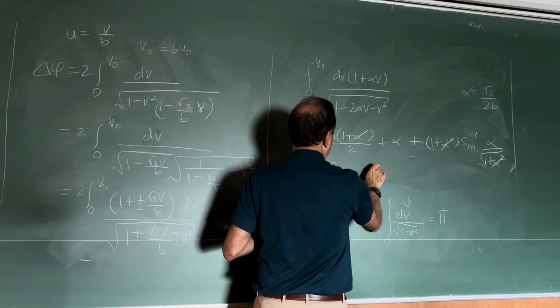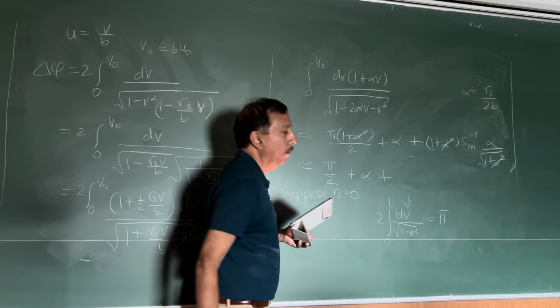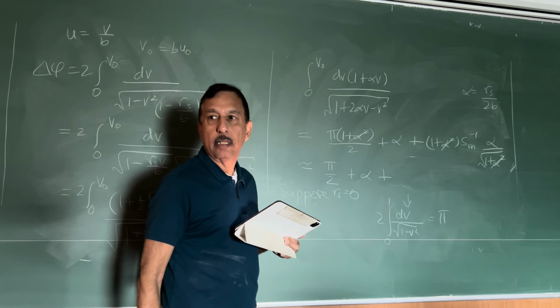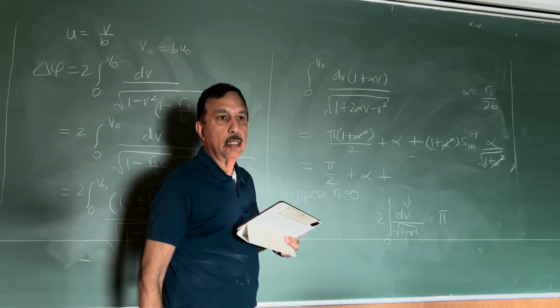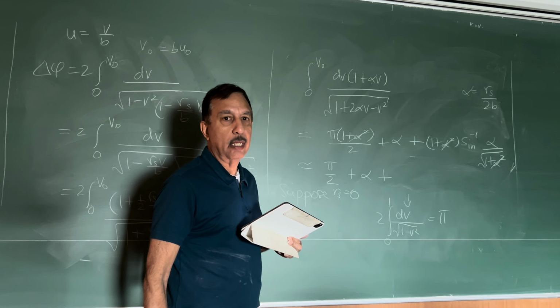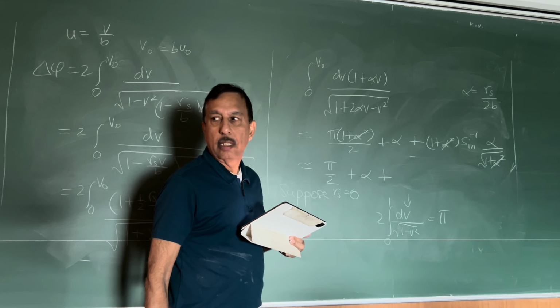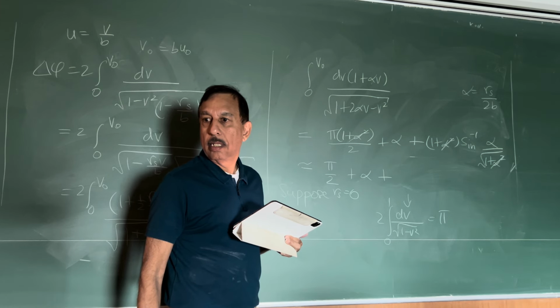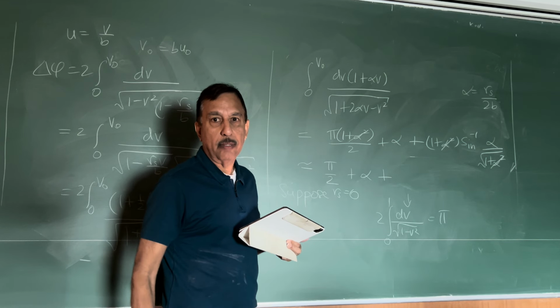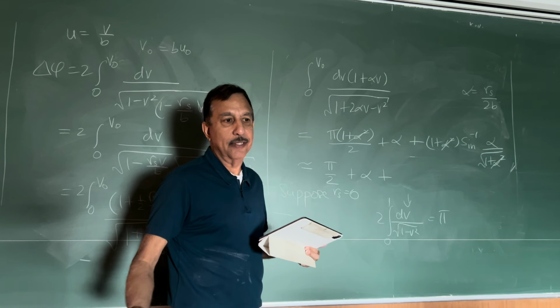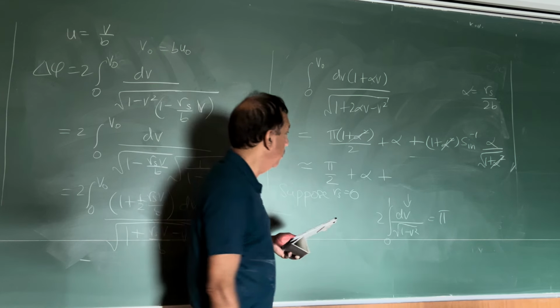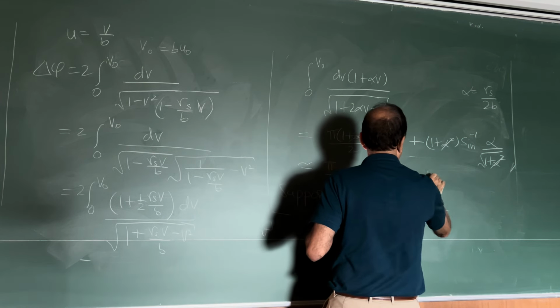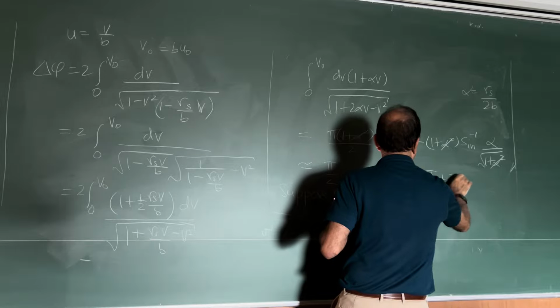This is just alpha. What's the last one? So what is that to linear order in alpha? Yeah, it's alpha. Sine of alpha is alpha, then sine inverse of alpha is also alpha for small alpha. So it's pi by 2 plus 2 alpha.